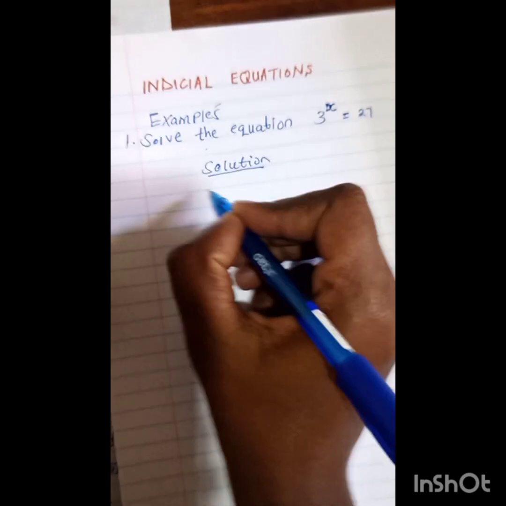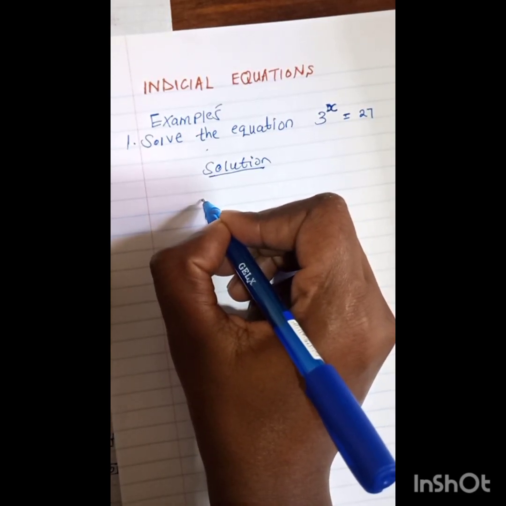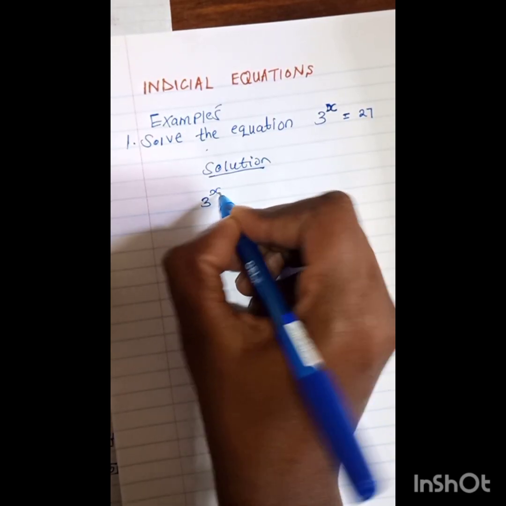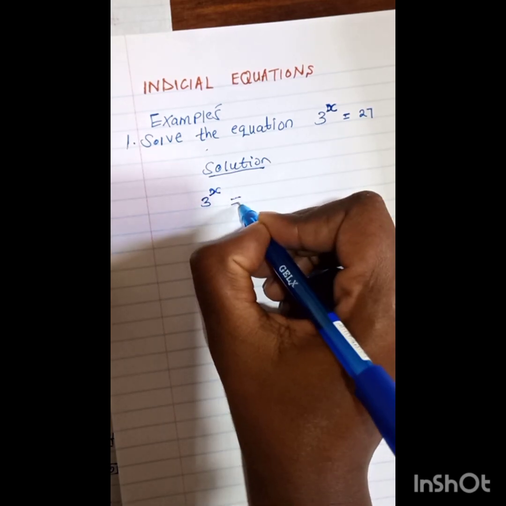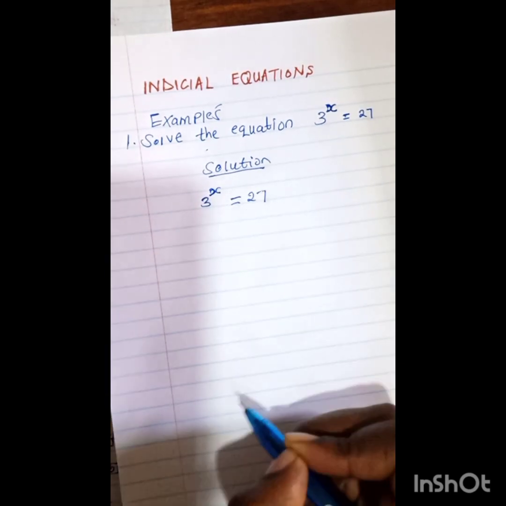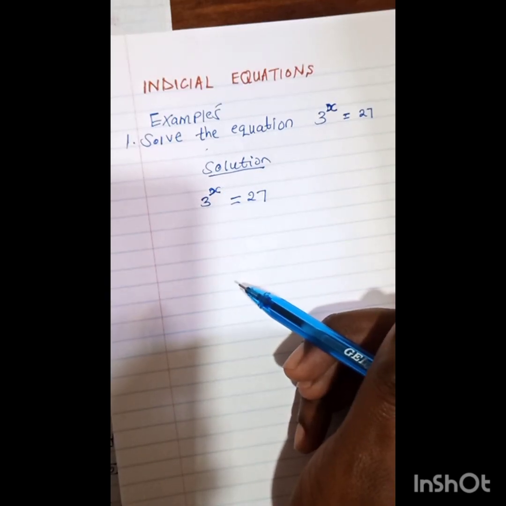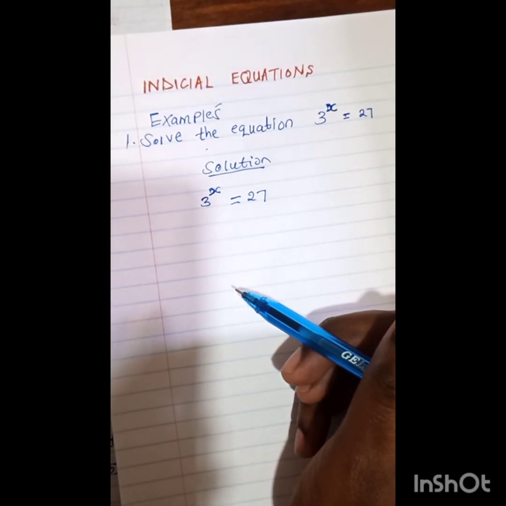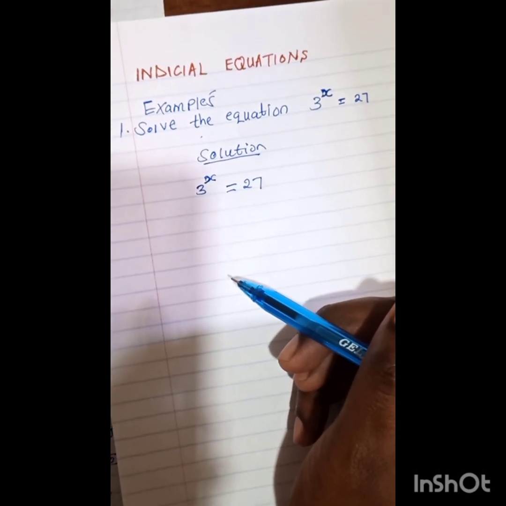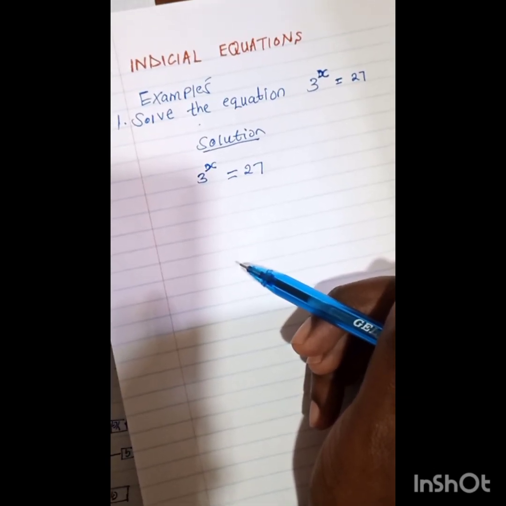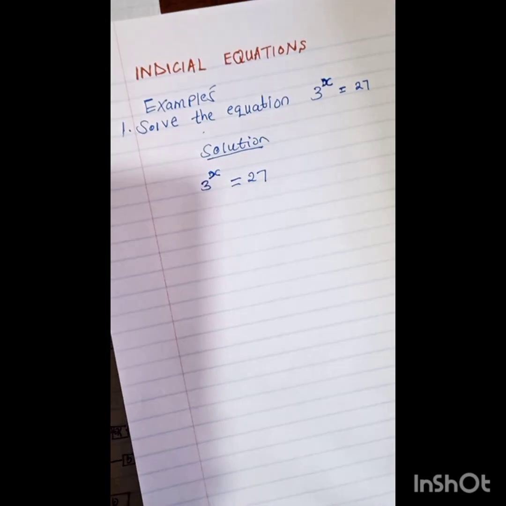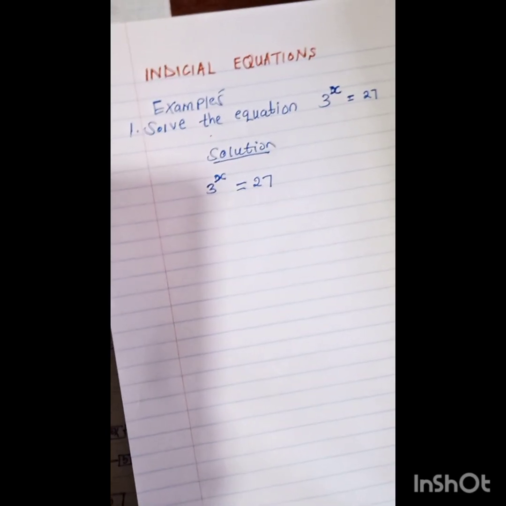If you are given, like our example 1, 3 raised to a power of x is equals to 27. You can see I have 3 raised to a power of x, and x in this case is my index or the power. And I have 27, and of course 27 is the same as 27 raised to a power of 1.